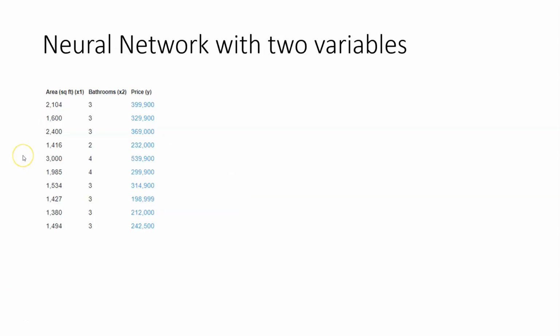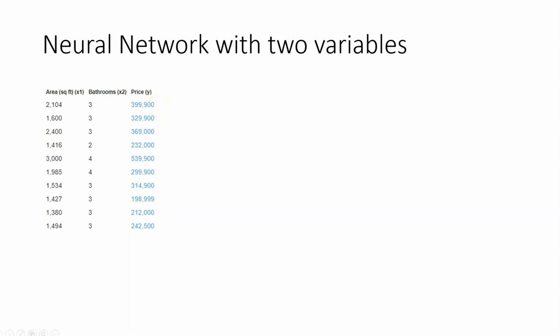Now suppose, other than the area of the house in square feet, you were also able to track the number of bedrooms for each of these houses along with the prices. So in this case, we have two attributes or features: area of the house in square feet, and the second attribute, which is bedrooms. Based on these two features, I need to calculate the value of y, which is the price of the house.